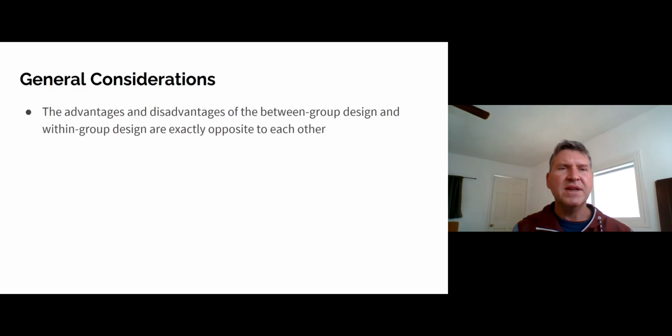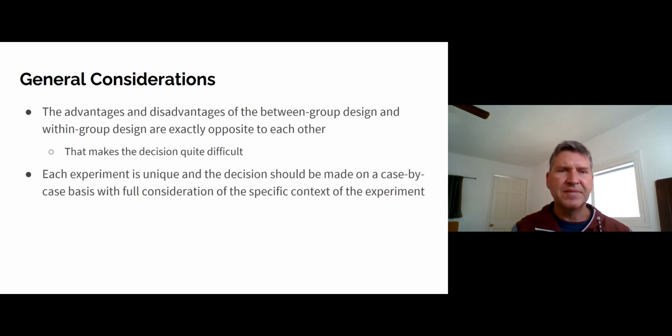Now, we have to consider that the advantages and disadvantages are opposite of each other. The strengths of one are the weaknesses of another. This makes it challenging. Each experiment is unique, and the decision should be made on a case-by-case basis with full consideration of the context of the experiment.